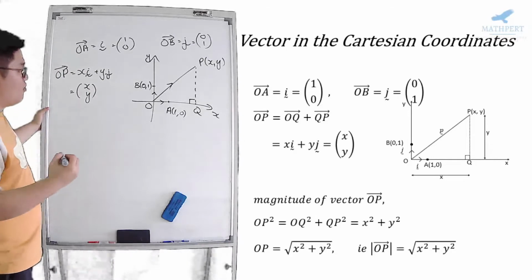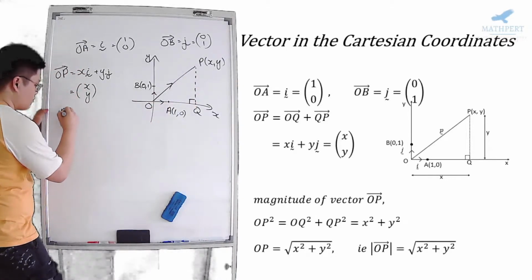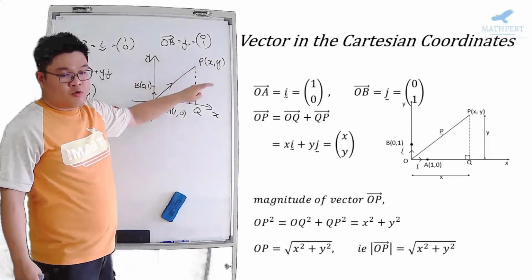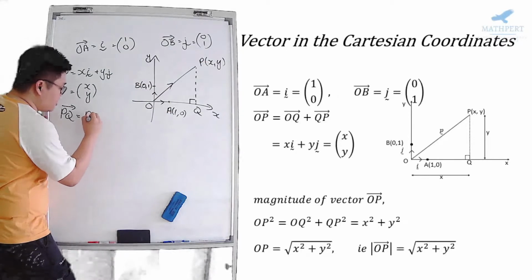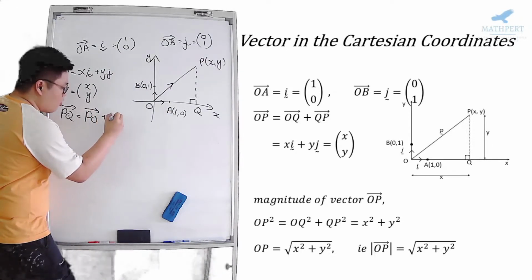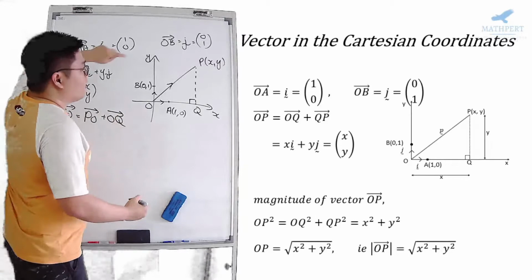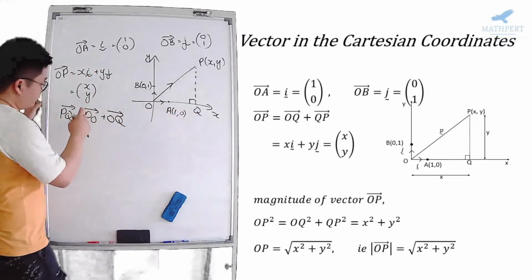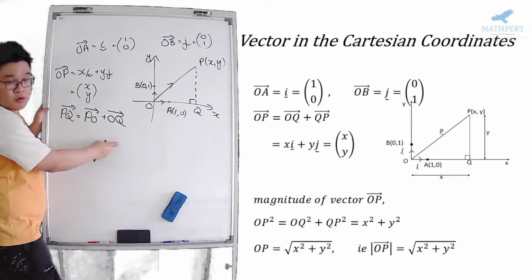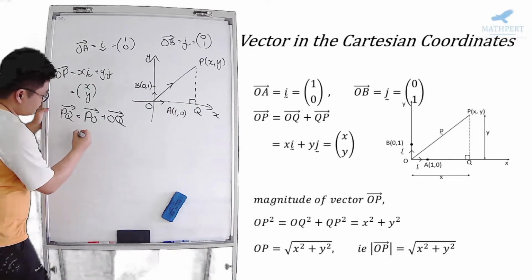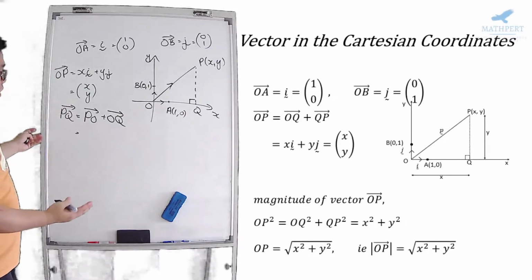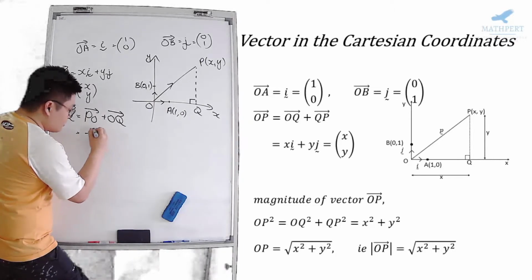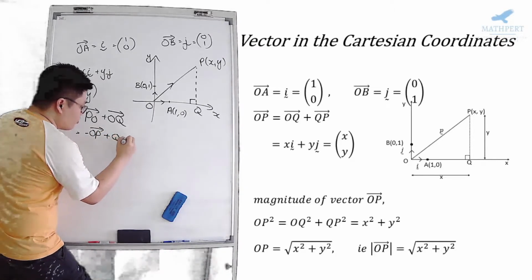How about PQ? From P to Q, we can say that is PO plus OQ. P to O to Q. So PO is equal to negative OP plus OQ.